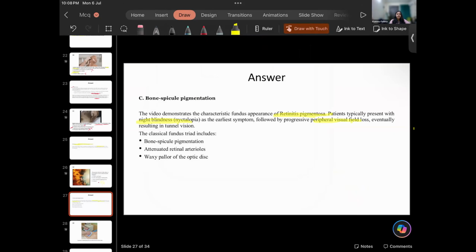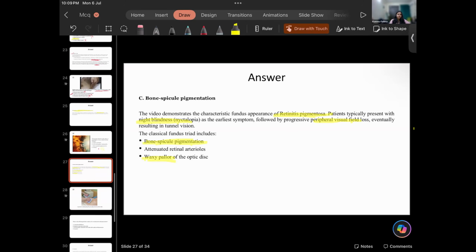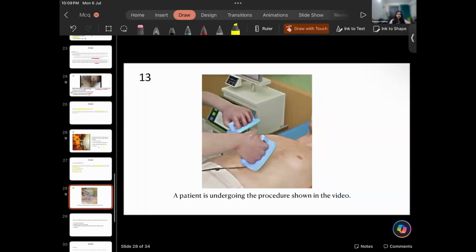So the classical fundus triad, as I mentioned, is retinal arteriolar attenuation, waxy pallor of the optic disc, and bone spicule pigmentation. You can be asked which of the following is not a triad of retinitis pigmentosa. Whenever there are three options or three points in favor of a diagnosis, it becomes a potential MCQ question.